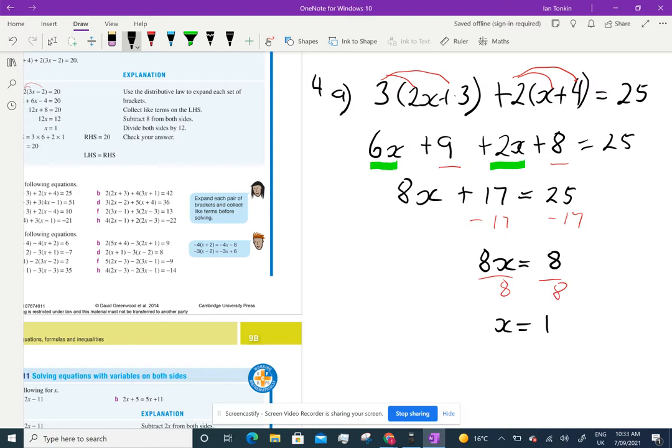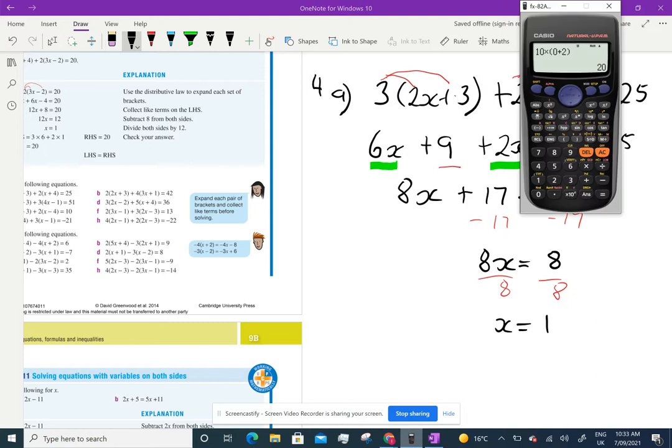This would be a good one to check. So I go to my calculator and I go 3 times, and what did I say x was equal to? 1. So 2 times 1. Remember there's a times between that 2 and that x, plus 3. Close the brackets.